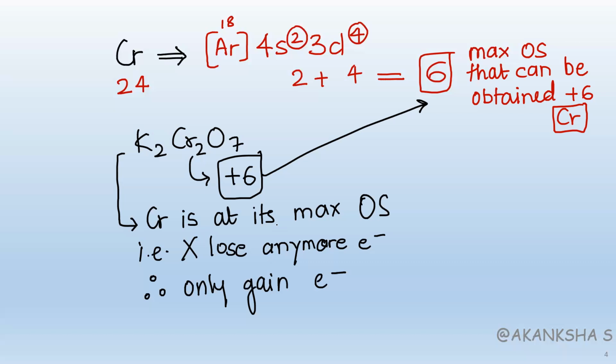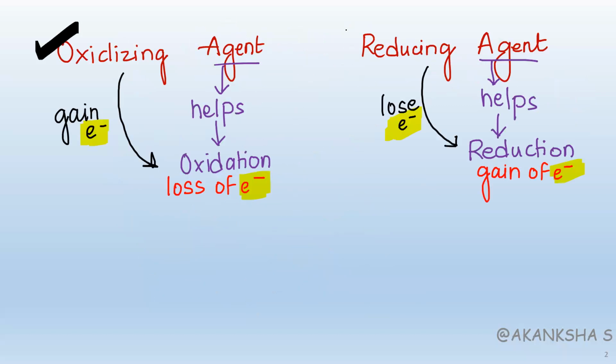That's the reason why chromium in potassium dichromate cannot, I repeat, cannot be a reducing agent. Why? Because it cannot further lose any electron, but can only be a very good oxidizing agent, so that it can gain electrons and come down to +5, +4, +3, +2, and so on.